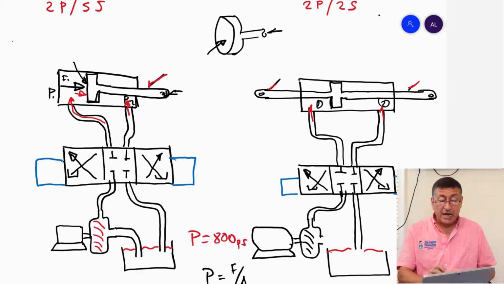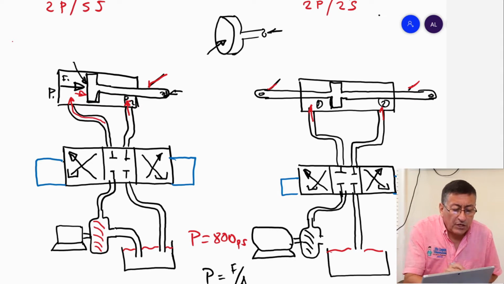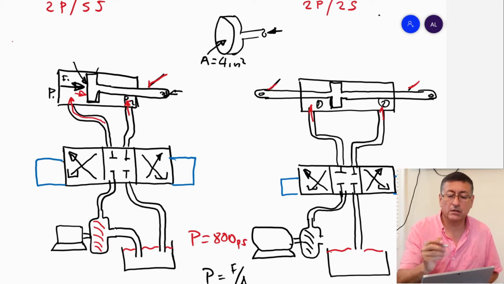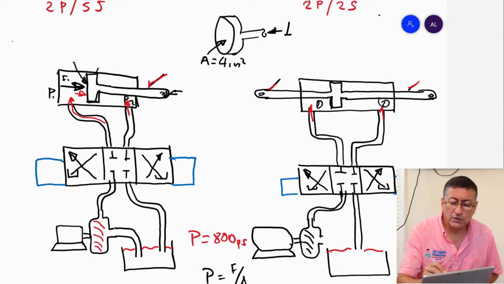And we are going to check the area of the piston. The area of the piston here, I'm going to suppose that this is the piston. In that case, I suppose the area of the piston is 4 square inches. And we are going to suppose that the area of the rod is 1 square inch.